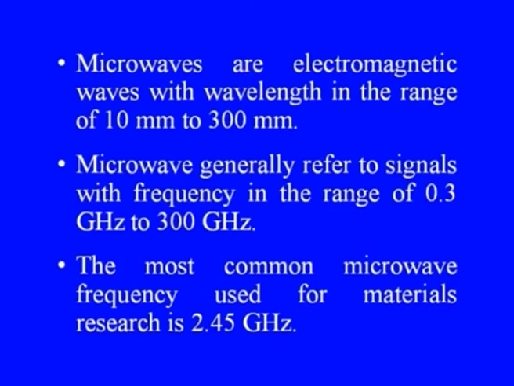Microwaves generally refer to signals with frequency in the range of 0.3 gigahertz to 300 gigahertz. This is characteristically the spectrum within which we consider electromagnetic radiations to be microwaves. However, the most common microwave frequency used for materials research is 2.45 gigahertz, as I have already indicated.